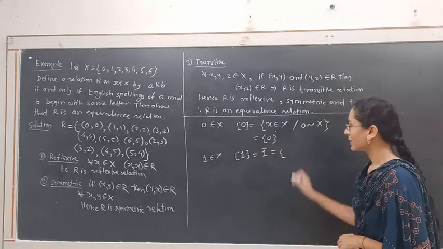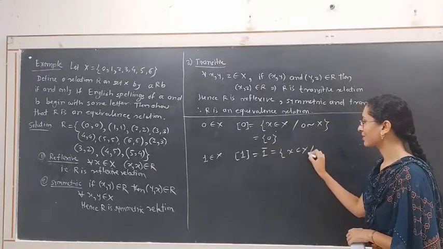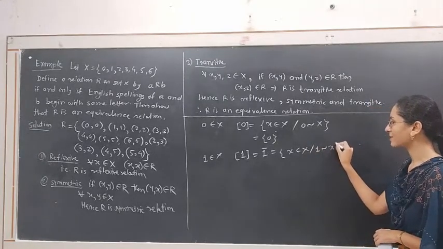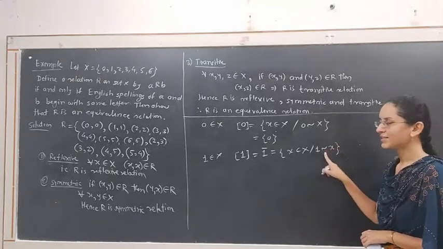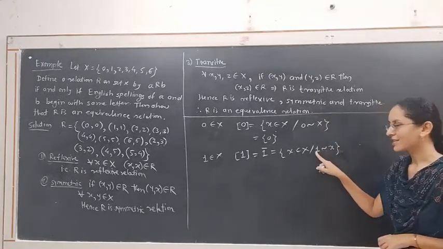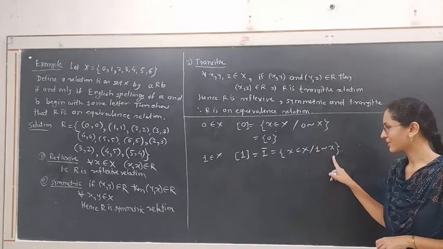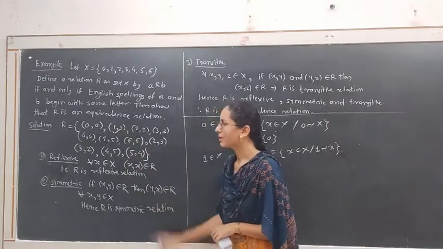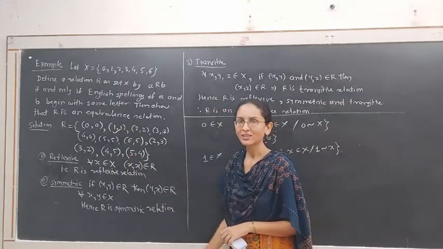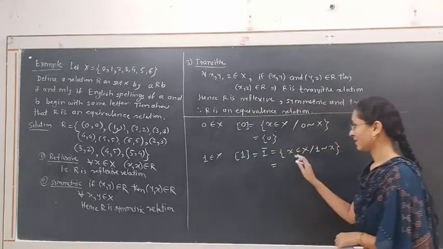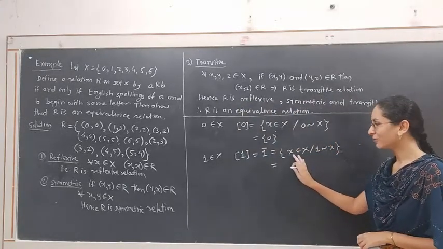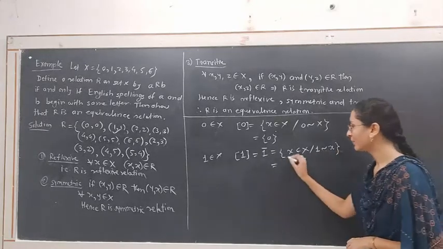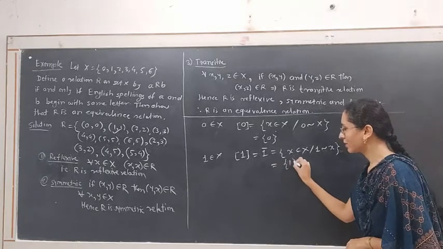This is equal to the set of all elements X belongs to X where X is related to 1 or 1 is related to X. Because this relation R is an equivalence relation, we can consider X is related to 1 or 1 is related to X. There is only one pair, (1, 1), belonging to set R in which 1 is related to 1. Hence this set contains only the one element X equal to 1, because 1 is related to 1 only. This is equal to {1}.